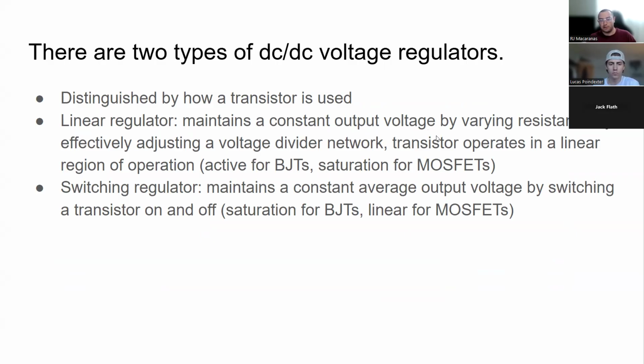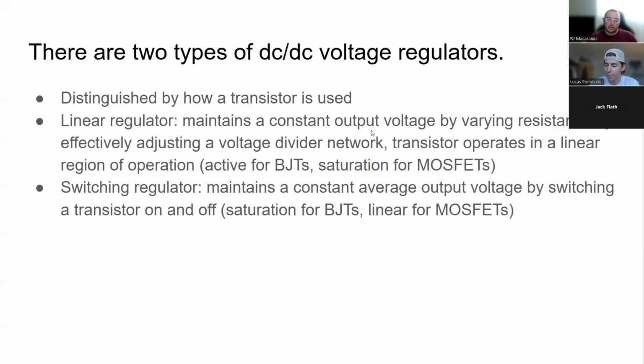All these regulators have some kind of transistor inside of them. These transistors are used because we're then able to control, hence regulate, the voltage. We're able to condition the power using this transistor. So we need the ability to control things, and that's why all of these regulators have a transistor in them.